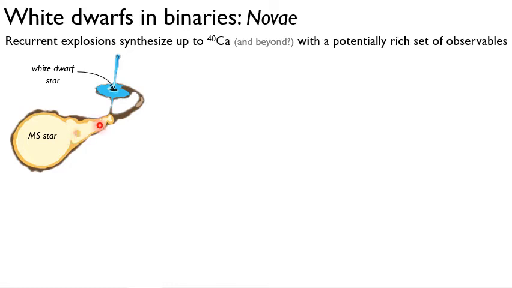And what can happen is if there's a close separation between these two systems, something like an Earth to Sun distance or so, then gas can siphon into a disk around this white dwarf star. And various interactions in the disk happen, and that matter is then funneled onto the surface of the white dwarf. So what you're doing is you're adding gas, which is going to be mostly hydrogen and helium from the envelope of the star.